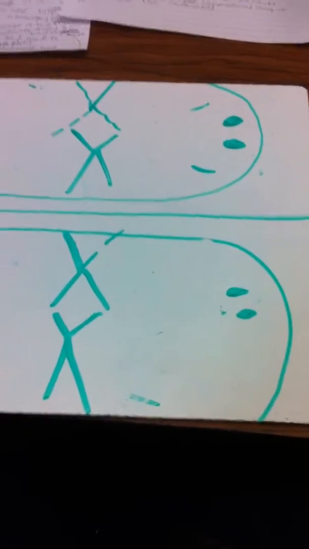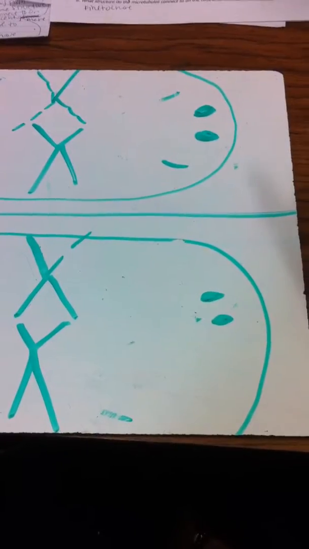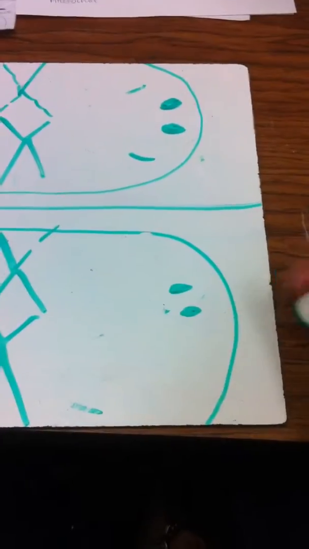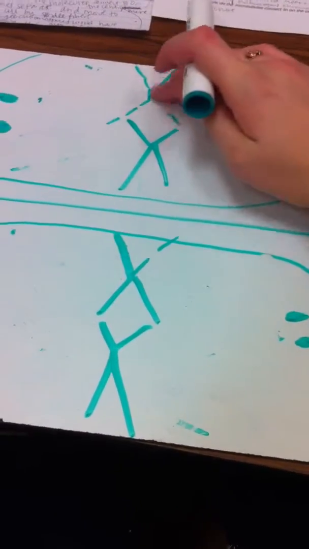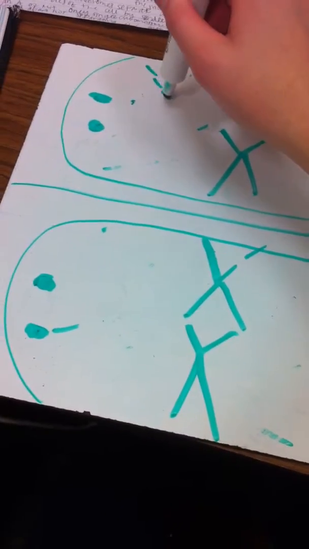So the next step that's going to occur is anaphase 2. And these chromatids are now going to be drawn to opposite sides of the cell. These sister chromatids are going to split in half and be pulled to the other sides of the cell, and same thing by spindle fibers.